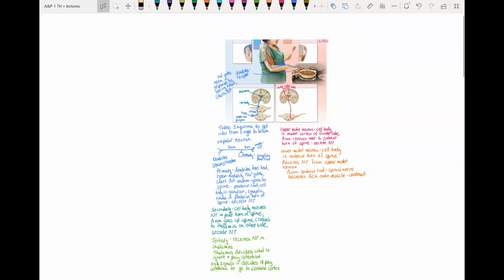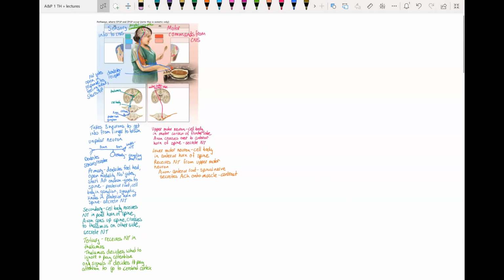So there's an overview of your neurons. It takes 3 sensory neurons to get the signal up to the brain. It takes 2 motor neurons to get the information out to the muscle.